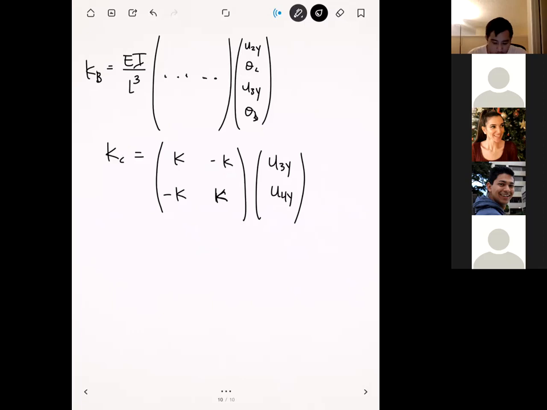Now that we have the element stiffness matrices, at least as much as we can tolerate writing, we can go ahead and fill these into the global stiffness system.